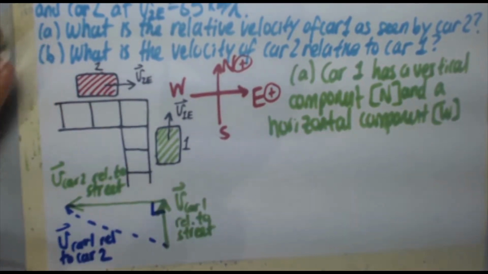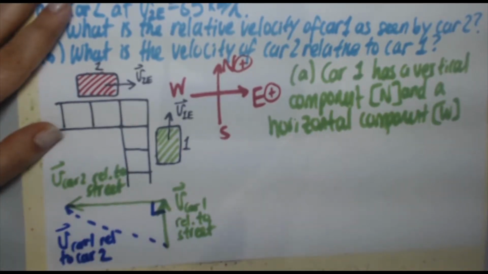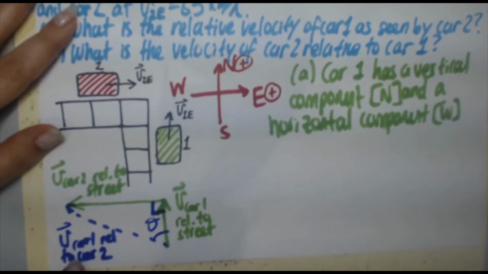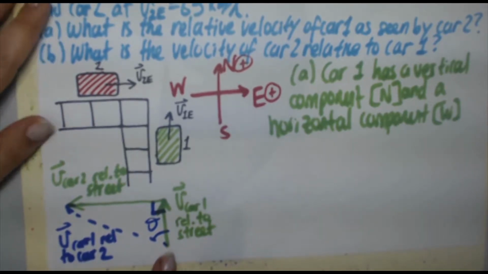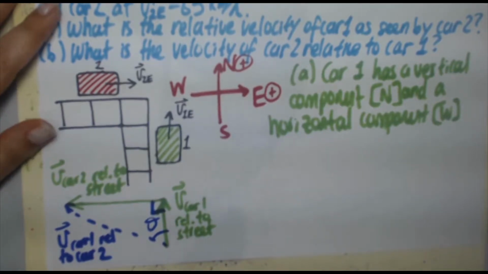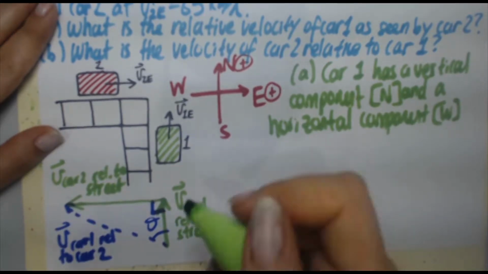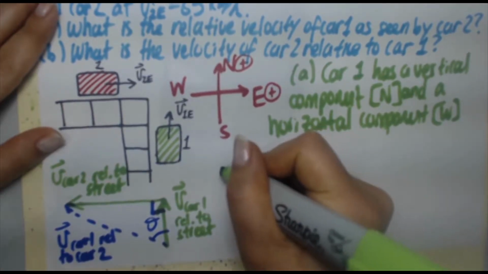Those two are at a 90-degree angle because we've got a vertical and horizontal component, and here's the angle that it's relative to. And you can see, based on this picture, they have to be getting closer to each other. So now, in order to find this velocity, it's simply a right-angled triangle problem at this point. We can use the Pythagorean theorem to solve this triangle. All you need is these two sides, and we can solve for the hypotenuse. So based on that, we can create the following formula.